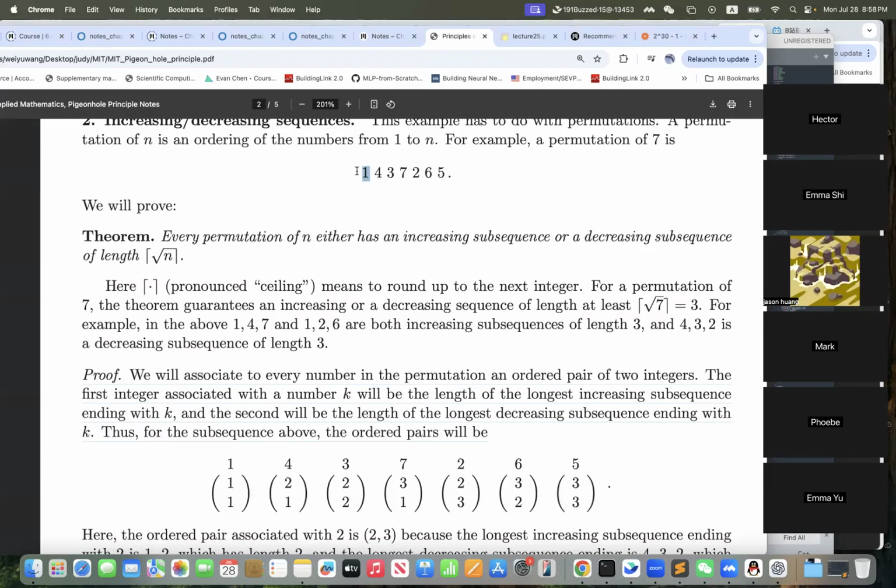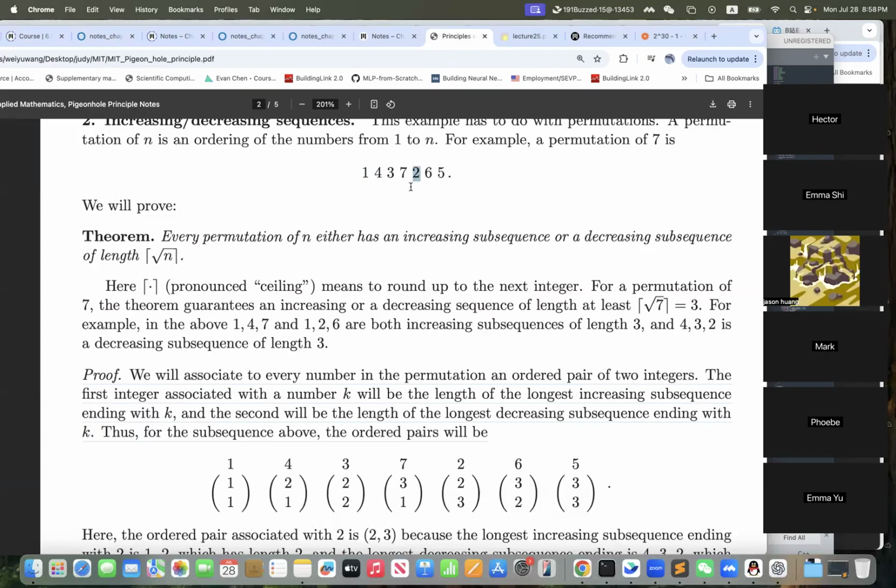It is also decreasing. So a length 1 sequence is both increasing and decreasing. So the length of the longest decreasing is also 1, because you end with 1 and cannot go further.